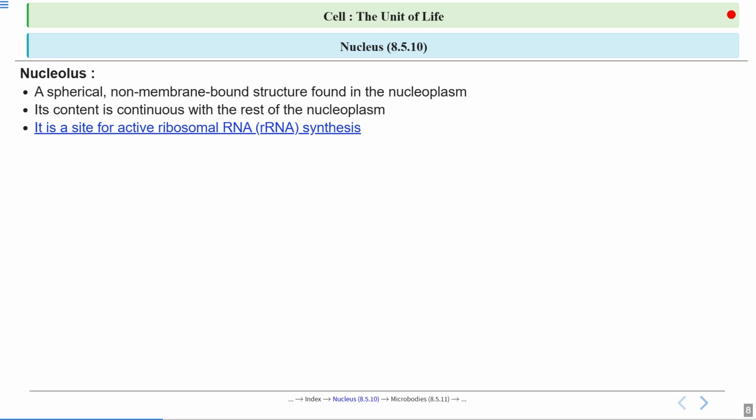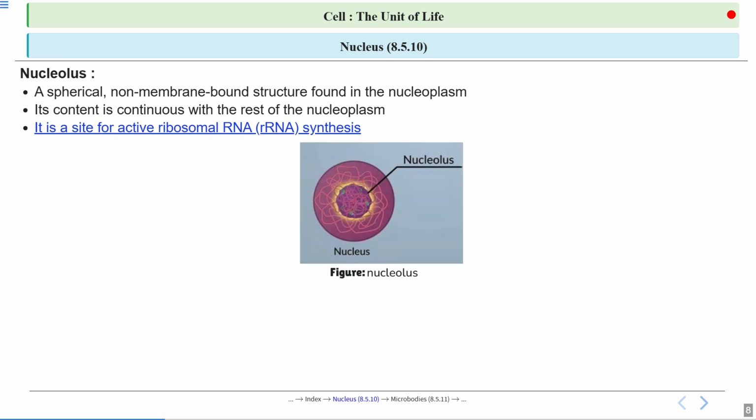Ribosomes have two subunits, smaller subunit and larger subunit. So ribosomal RNA synthesis is being done within the nucleolus. Here you can see an image showing you nucleolus. This is a nucleolus, which is a region present within the nucleus, found in the nucleoplasm.